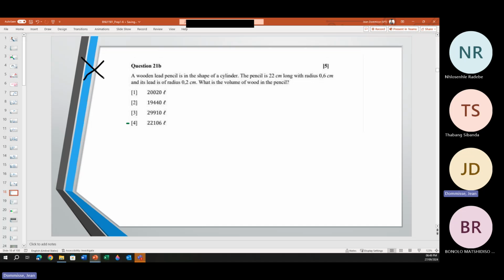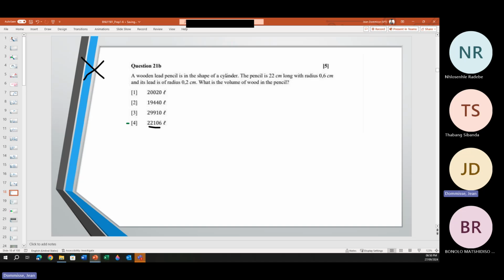Okay, but I want us just to look at how we would have done it, and also check these answers, and just see for yourself, when you get something like this, how totally wrong it was. Obviously, I think they changed some of the numbers in the question, or at the bottom, but a wooden lead pencil is in the shape of a cylinder.